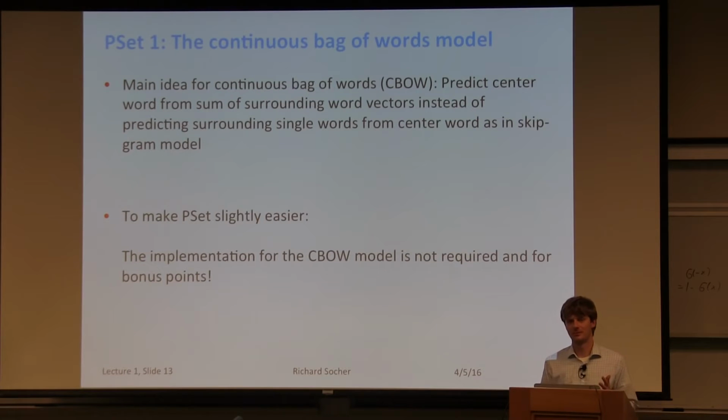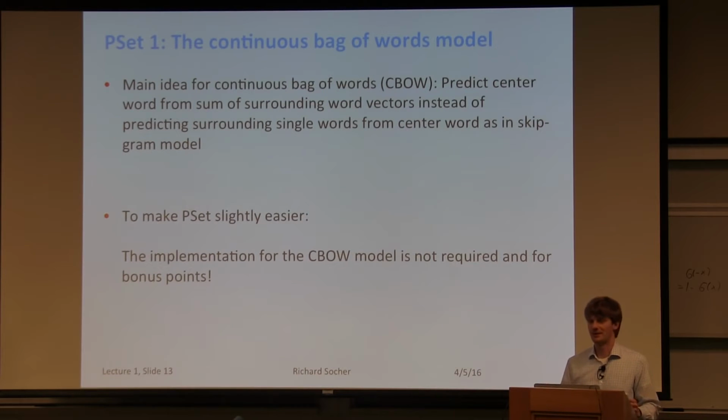Very similar idea, but it results in slightly different results. And in the end, somewhat hackily, we might also combine the two and average both. Turns out to also work well. But basically, the idea is very simple: instead of taking the center word and trying to predict the surrounding words, you can take the surrounding words and try to predict the center word.